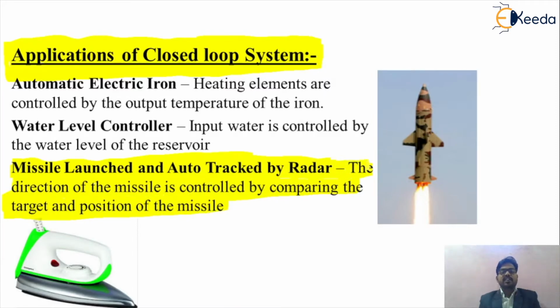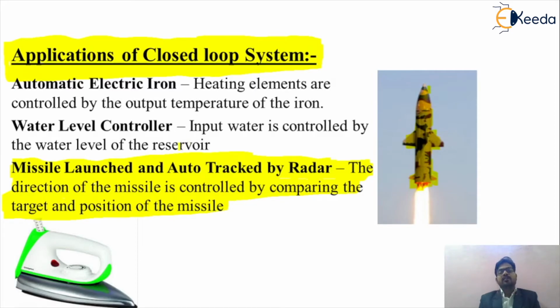Friends, this is one example of the closed loop control system. In that closed loop control system, this is the indication of our missile, called Prithvi. For the control strategy of such missile launch and attack radar, we are using the closed loop control system.